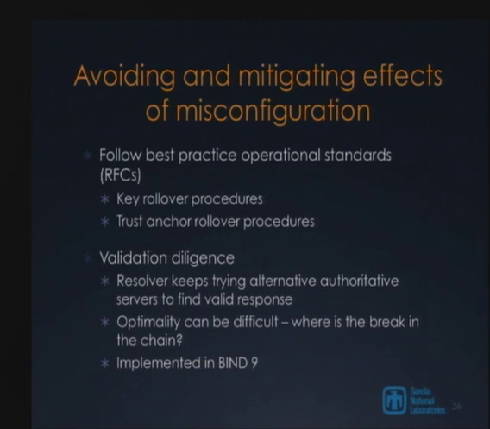There's also what I call validation diligence, and that means that if a validating resolver wants to get an answer, but it gets a bogus response from somebody, it'll try again the other authoritative servers if it can. If it gets a bad signature or an expired signature, it'll keep trying. Obviously, that'll only help if there is a valid signature on one of the other ones, but that's what I call validation diligence.